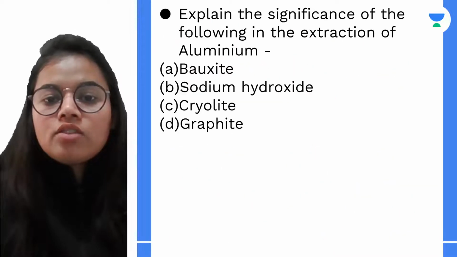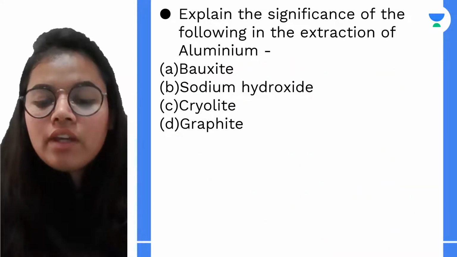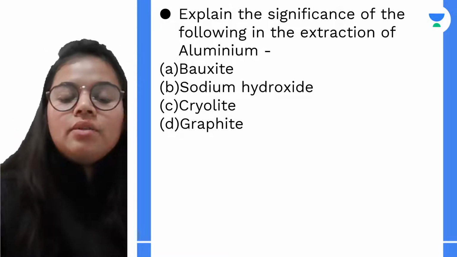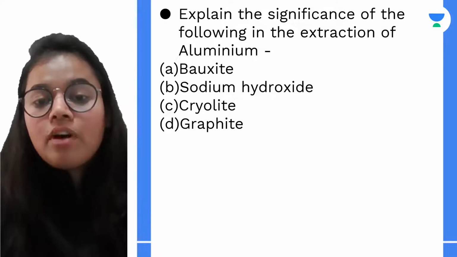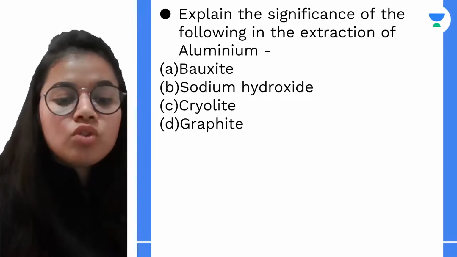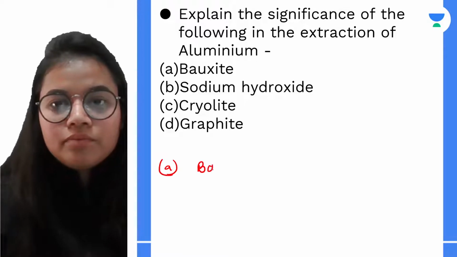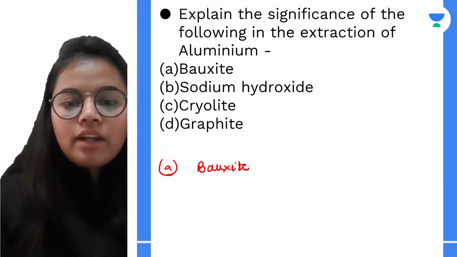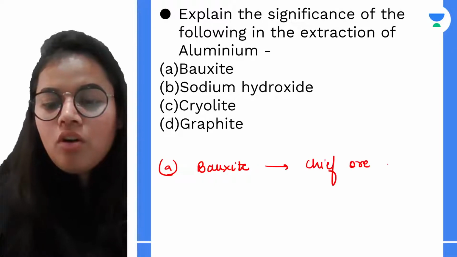Okay, next question is, explain the significance of the following in extraction of aluminium. We have been given certain things and we have been asked what each is used for. The very first, bauxite, is the main thing, right? It is the chief, or I would say main, ore of aluminium.